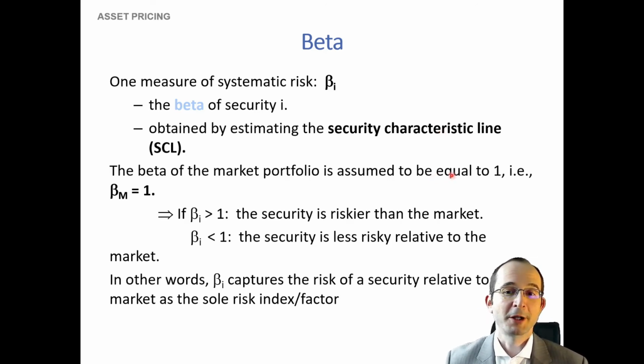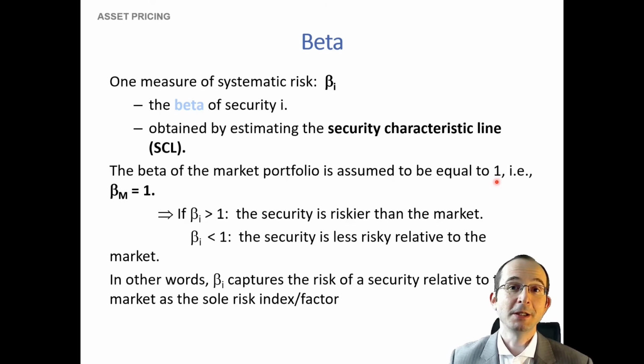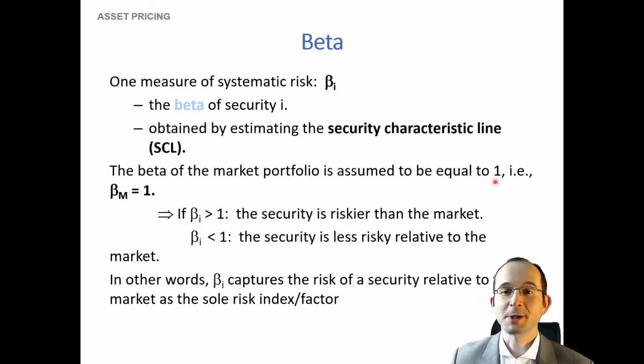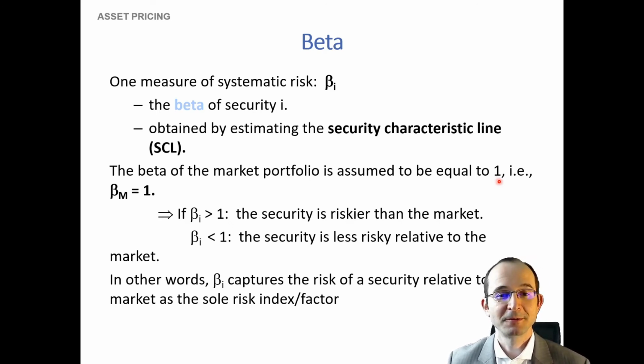The beta of the market portfolio is, of course, going to be equal to 1 because, as a tautology, if the market goes up by 10%, well, the market goes up by 10%. So that means that the proportional change in the market portfolio is going to be perfectly related to itself, and it'll move directly proportionally to itself.